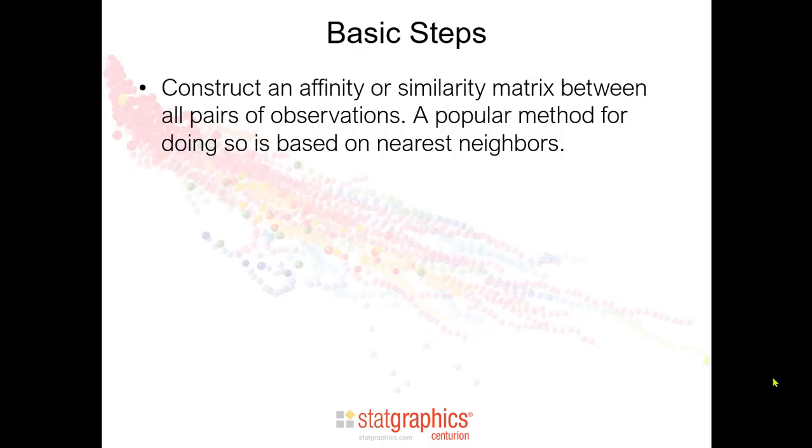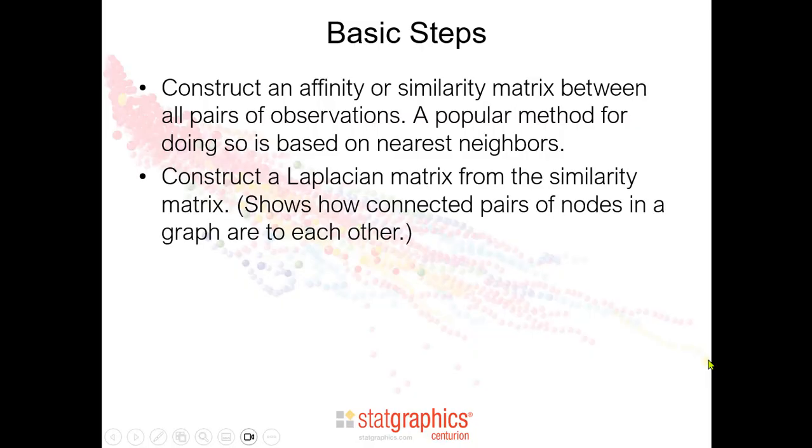There are four basic steps in spectral clustering. In the first step, we construct an affinity or similarity matrix between all pairs of observations. A popular method for doing so is based on identifying each point's nearest neighbors. We then construct a Laplacian matrix from the similarity matrix.